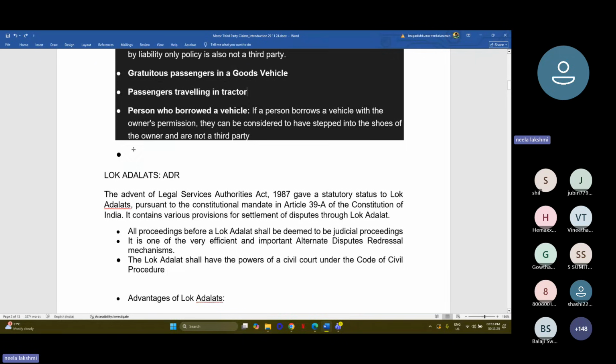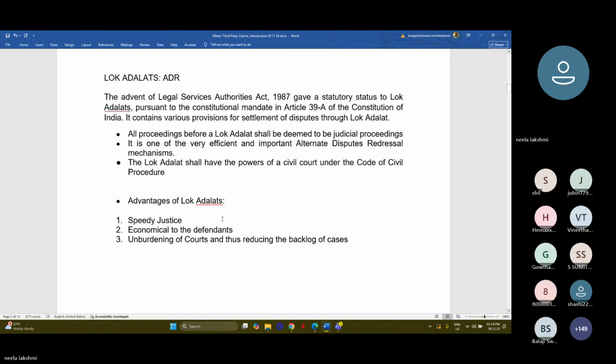Next one, very important concept of TP claims arena. This is Lok Adalats, one of the alternate dispute redressal forums. The very famous and popular prominent way to settle out of court. Generally, all the TP claims are filed before the court and the forum decides the compensation amount.